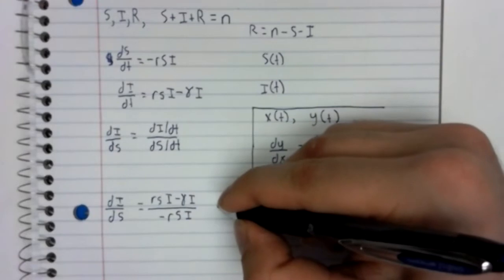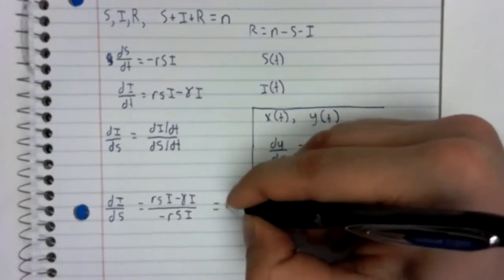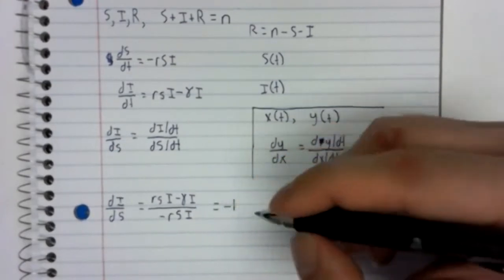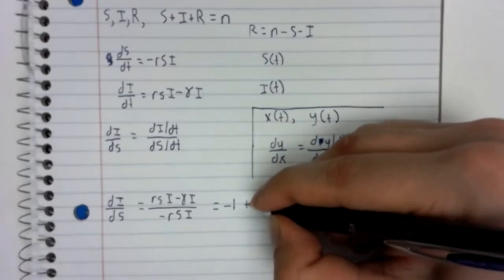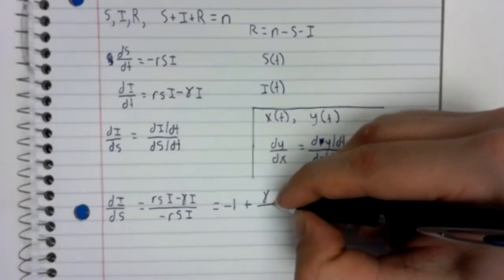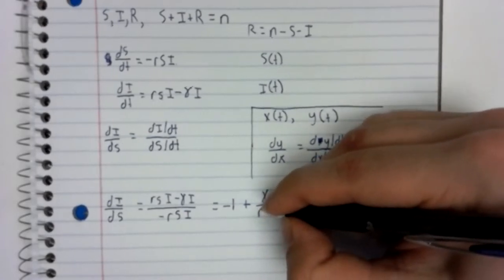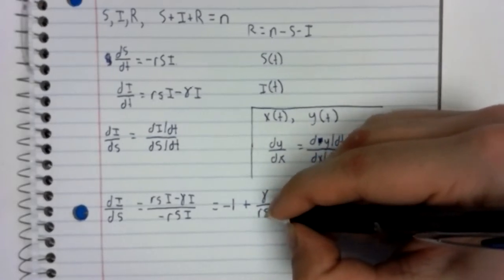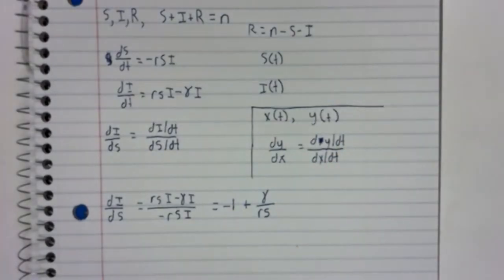And we'll rewrite this as -1 plus gamma divided by RS.